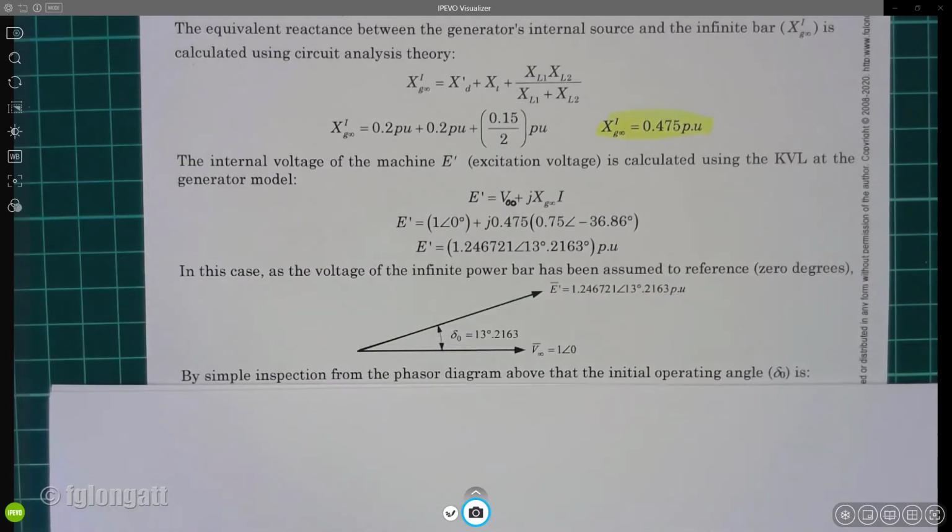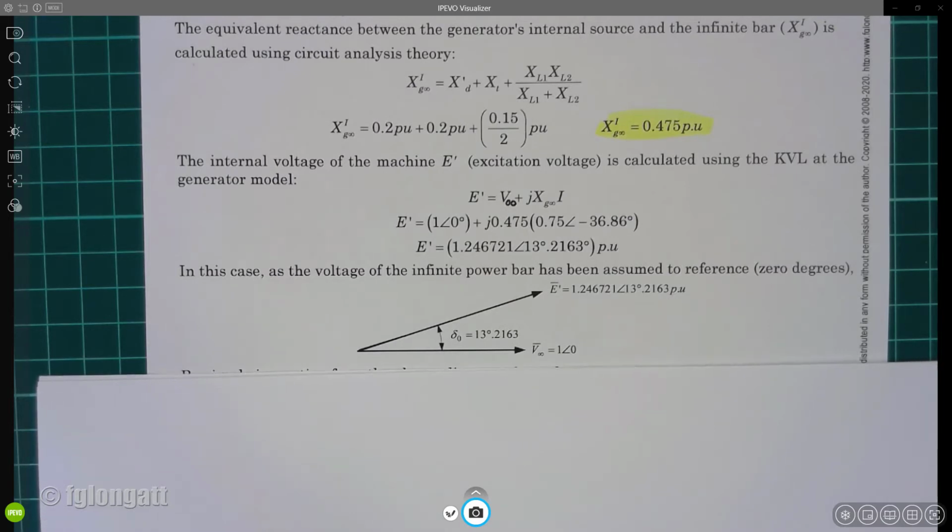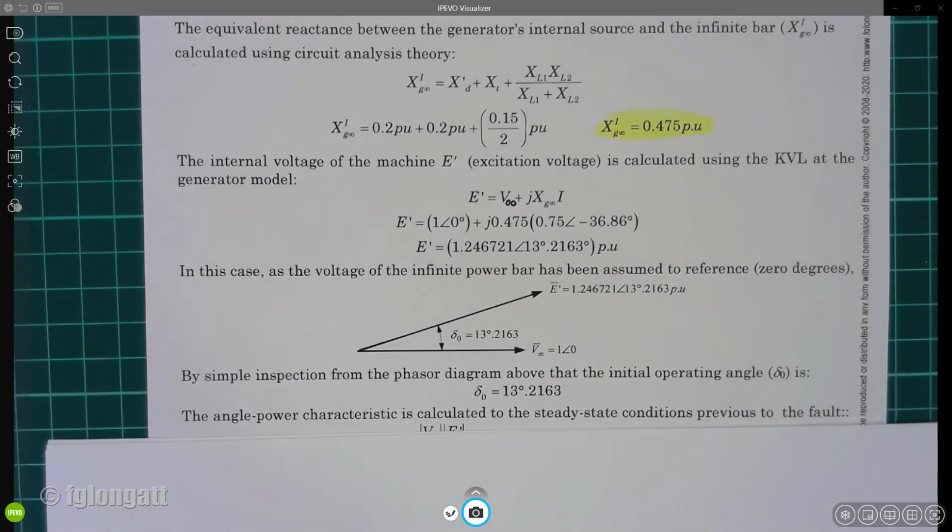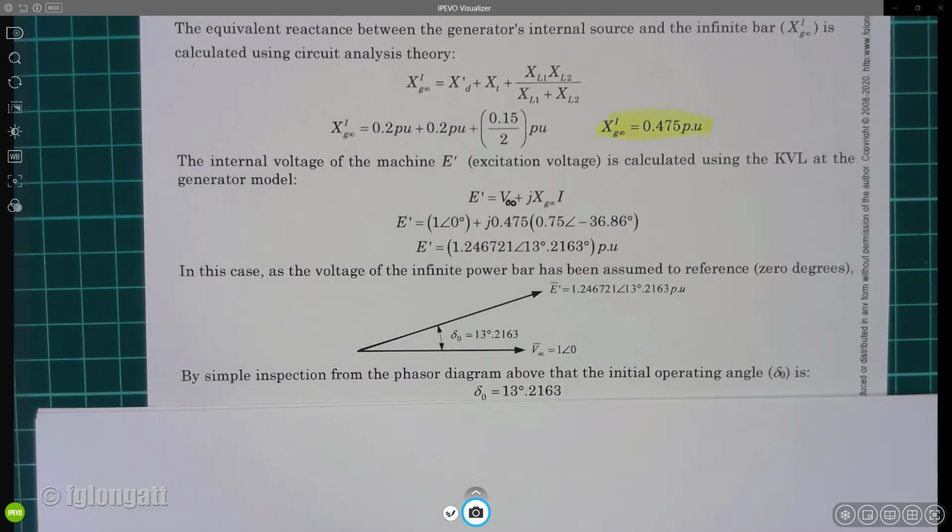Okay, here I would like to make a short remark. It's a good idea that you plot your phasor diagram, and in your phasor diagram you can get some useful information. What you need to understand is that the angle between the internal voltage of the generator and the infinity bus bar, that is the angle defining the power flow.